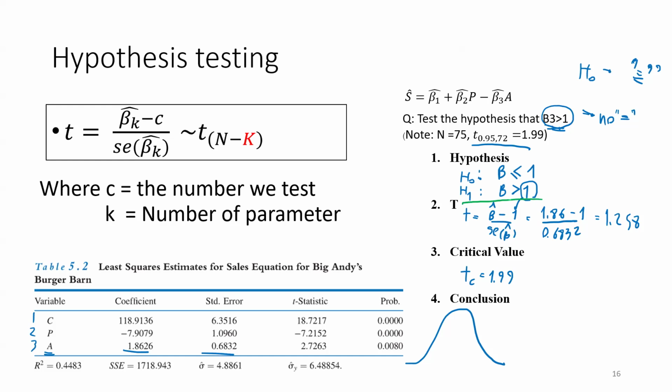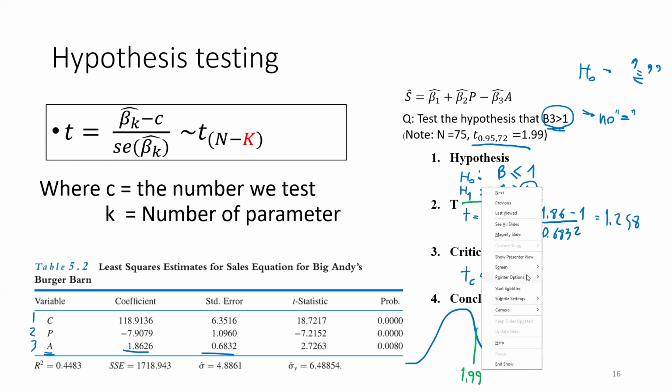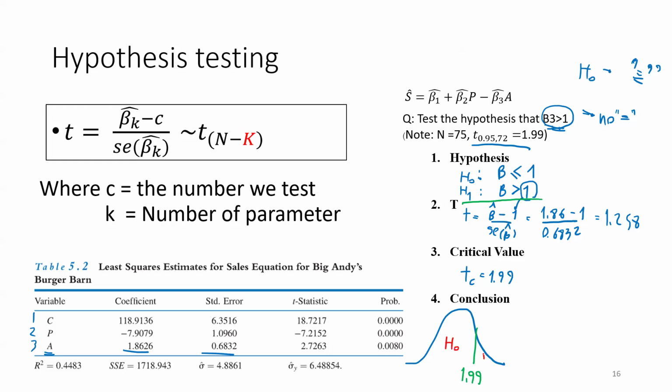So in this case, greater than is on the right, 1.99. Then H0, H1. Your calculation is here, 1.258, which means you reject or not reject?